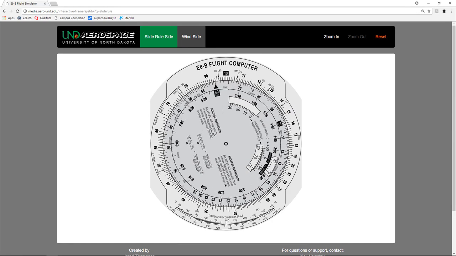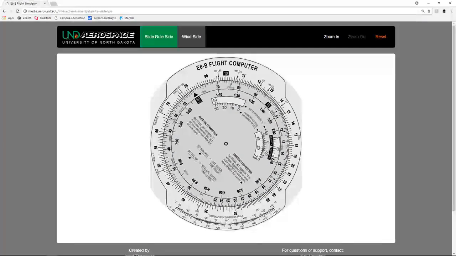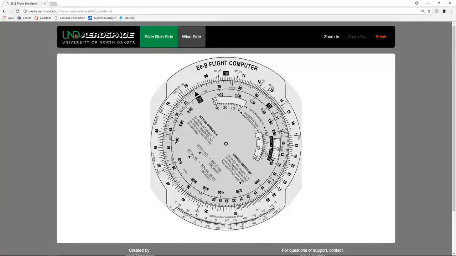Swing our E6B around here. We now have our time on the B scale aligned with the total fuel that we used on the A scale. So if we find the 60 index, the 60 index will point to the fuel burn rate, which we can find right here.